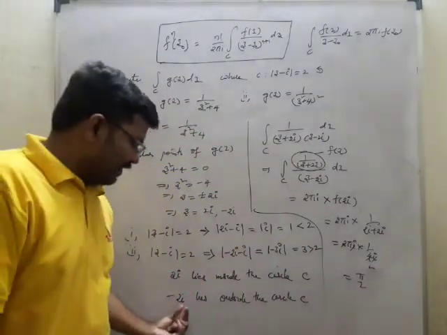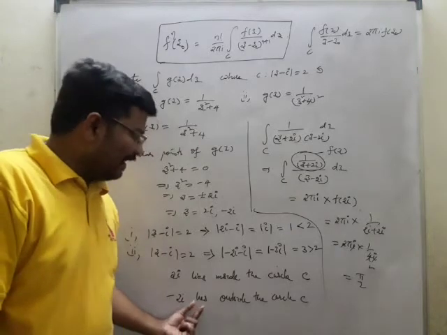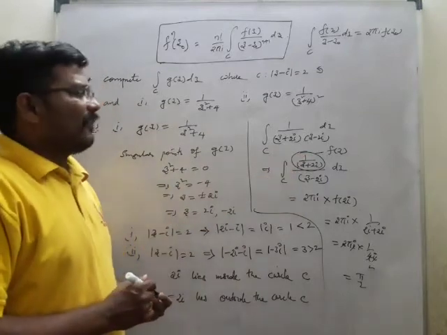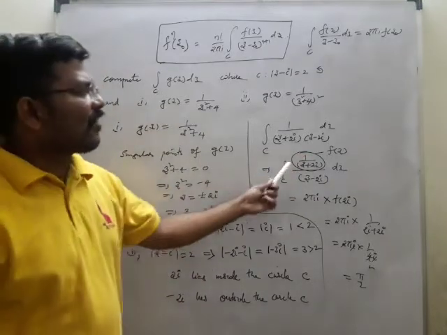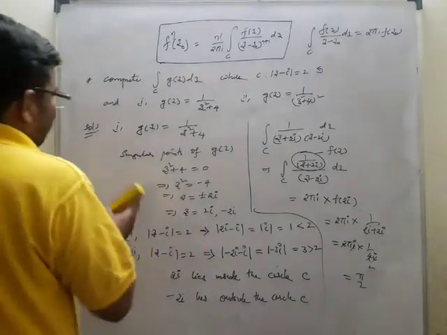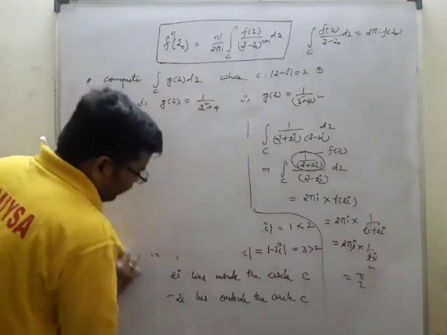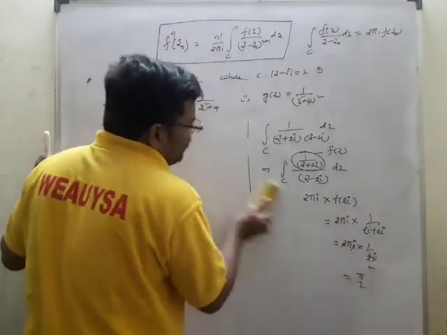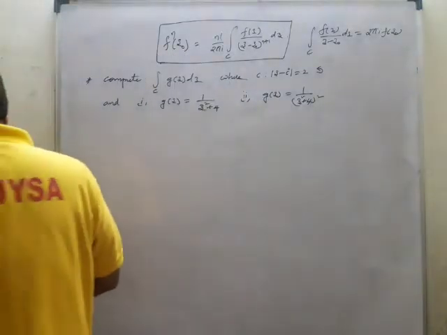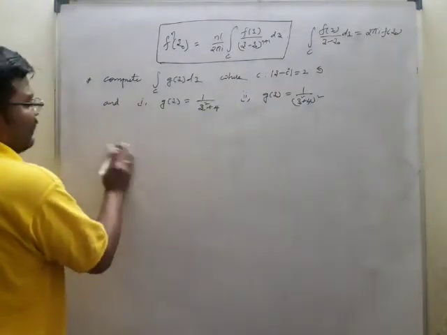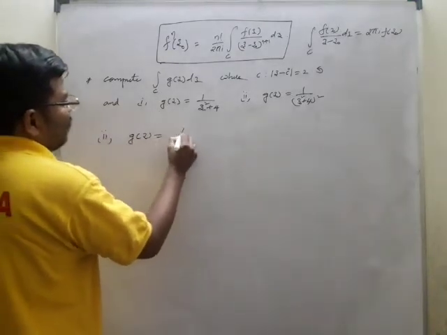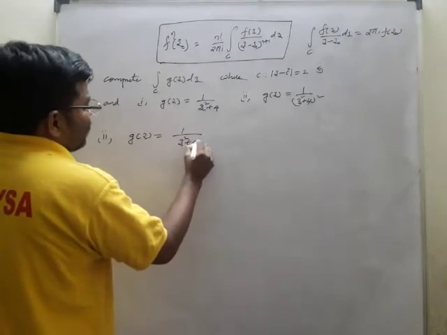Whichever point is not lying inside the circle, that you take to the numerator, that becomes f of z, and you can follow Cauchy's integral formula for this. Okay, now we'll try to find the second one. Second one, g of z is given in this form: g of z is equal to 1 by z square plus 4 whole square.